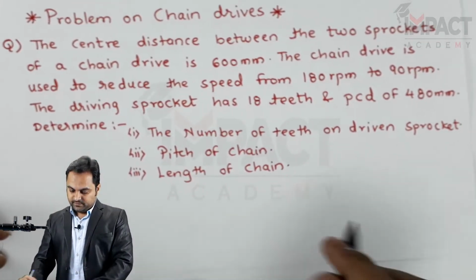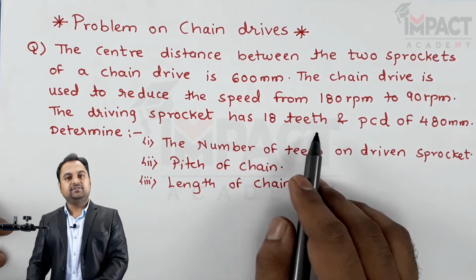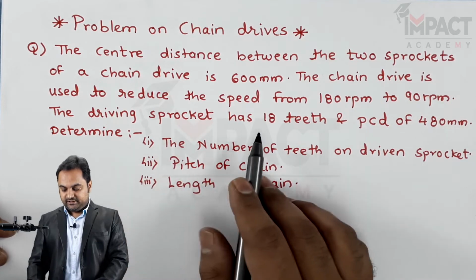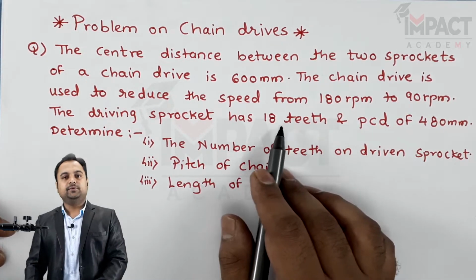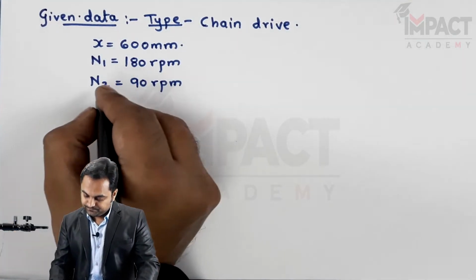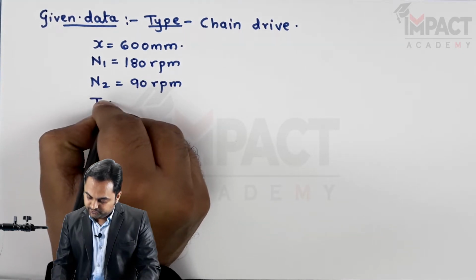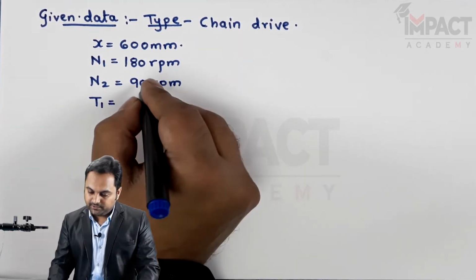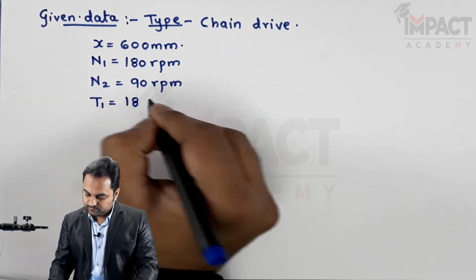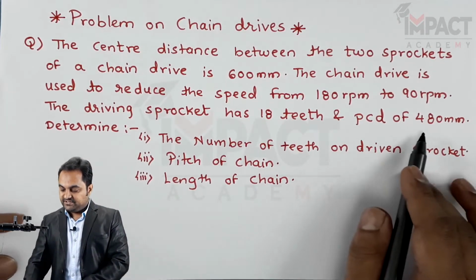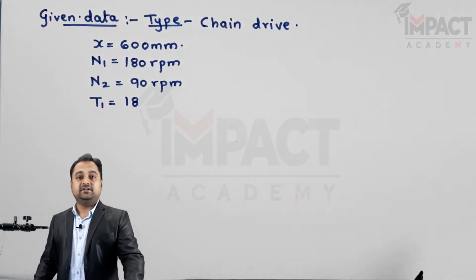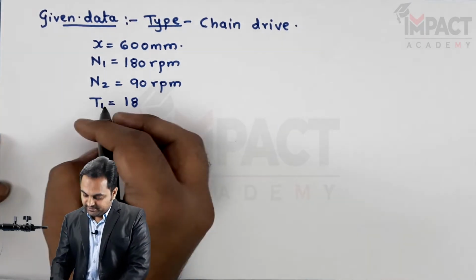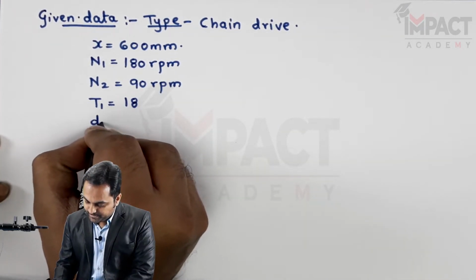Next, the driving sprocket has 18 teeth. Driving sprocket having 18 teeth would be denoted by T1, because for the driving sprocket I am using suffix 1, and PCD of 480 mm, that is the pitch circle diameter for the driving sprocket, denoted as D1.